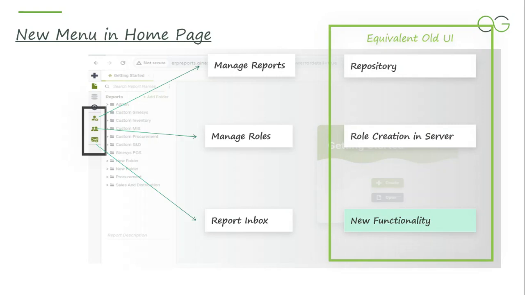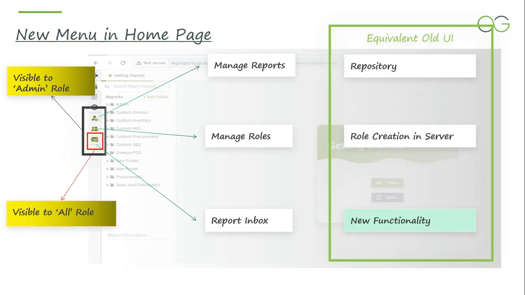Report inbox, it is a new functionality. Only admin role will have access to manage roles, manage reports, and report inbox, all the three options. However, report inbox option is visible for all the users.